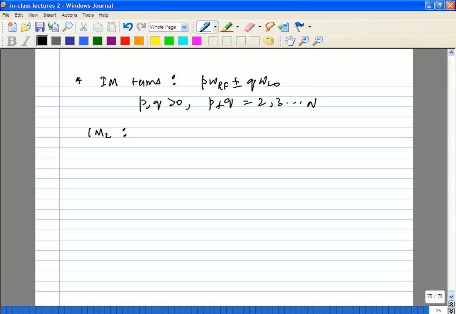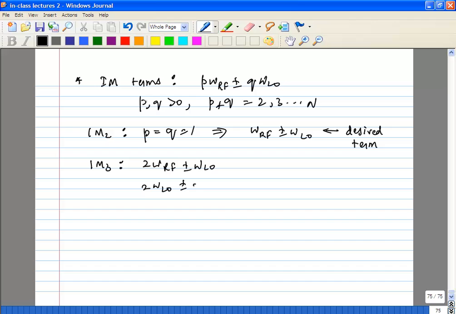What is your IM2? p equals q equals 1, so you get omega RF plus or minus omega LO, and one of these is going to be your desired output. These are your IM3 products, and these are usually undesired terms.